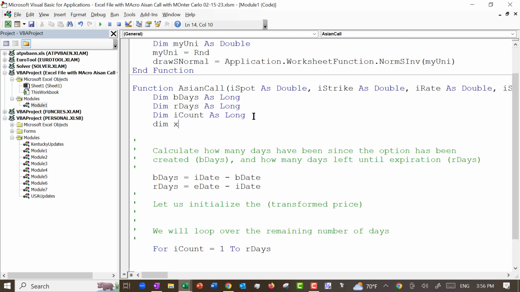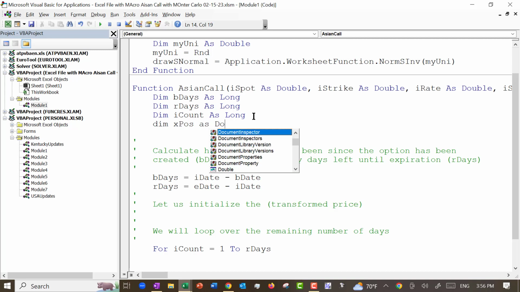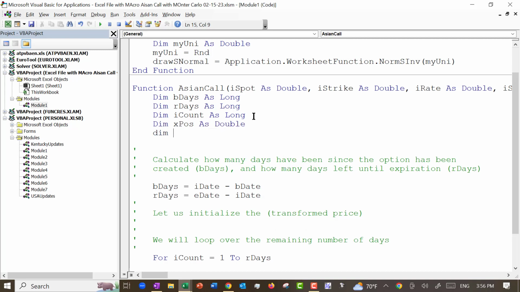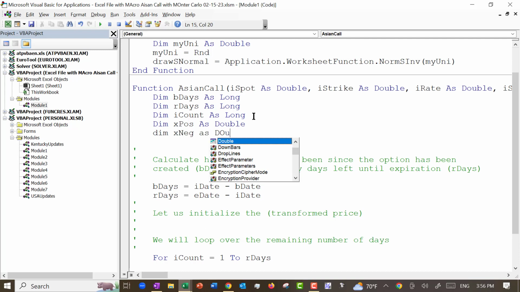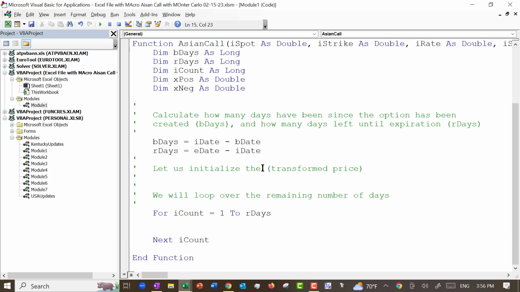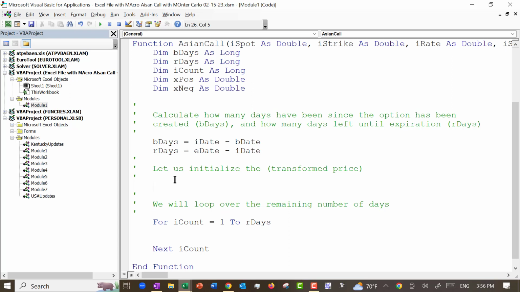Since I'm going to do two paths for each replication, one with the positives, one with the negatives, I'm going to keep using the same one, X positive as double. Let's remember that formula.